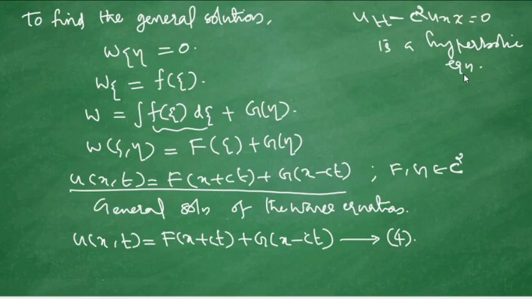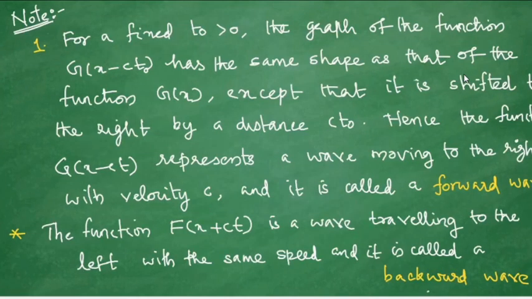The first point is, for a fixed t₀ greater than 0, we compare the graph of the function g(x - ct₀) with g(x). If t₀ is a fixed point, then the graph of g(x) and the graph of g(x - ct₀) have the same shape, except that it is shifted to the right by a distance of ct₀.